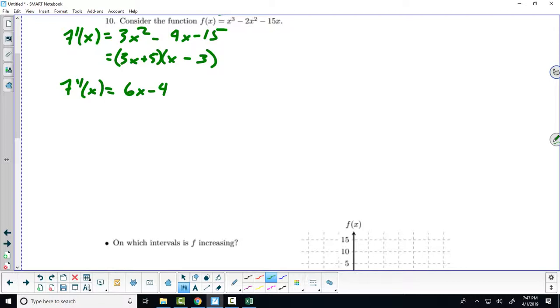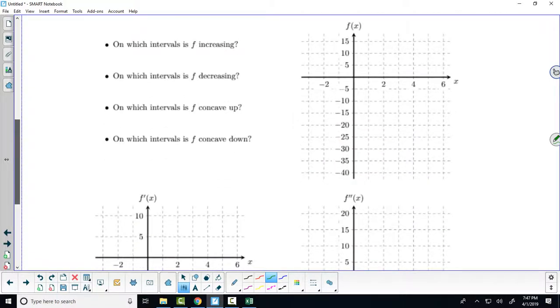Why are we taking the second derivative? Great question. Looking ahead at the questions, we're asking where is it concave up and where is it concave down? While we could ask where the tangent lines are above the curve or below the curve, we could also ask where is the derivative increasing, where is the derivative decreasing.